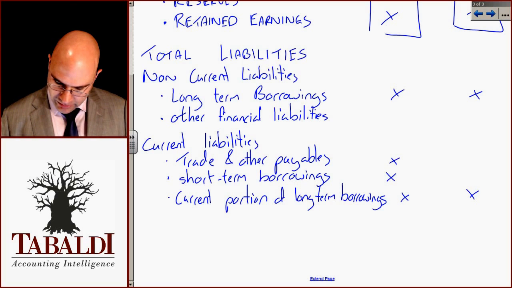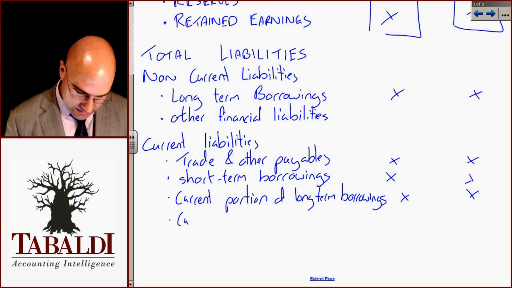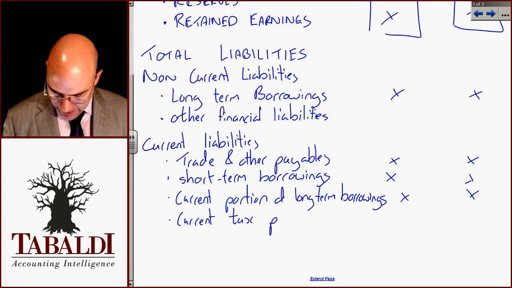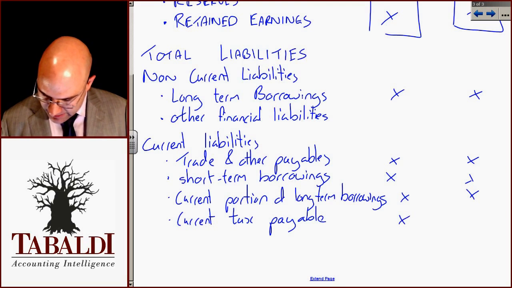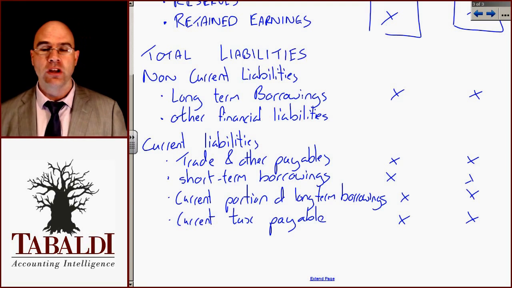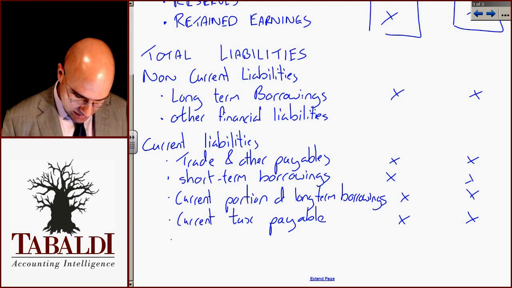Okay, so we have 3 current liabilities we've discussed so far. Then there may be current tax payable. My handwriting is getting worse as we go faster, but I want you to see that this takes time to write. You need to learn to write this fast. You can't sit and think about the format. You must know it. And there may also then be provisions that are current.